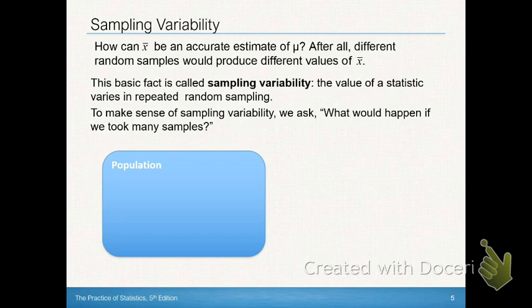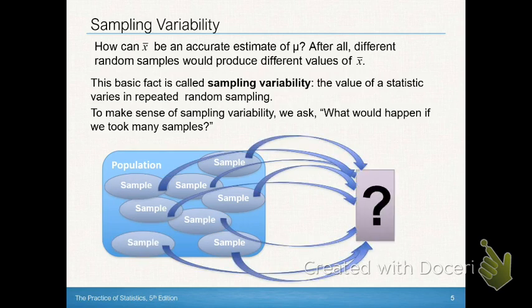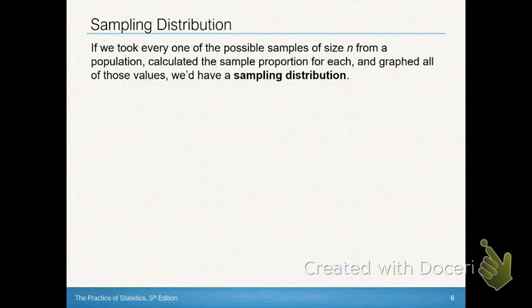So that's where sampling variability comes in. We want to know what type of numbers we're going to get, like how spread out they are. So we want to look at what happens if we take many, many samples. So we go to our population and we keep taking sample after sample, and then we put those all together. And when we put them all together, that's what we call a sampling distribution.